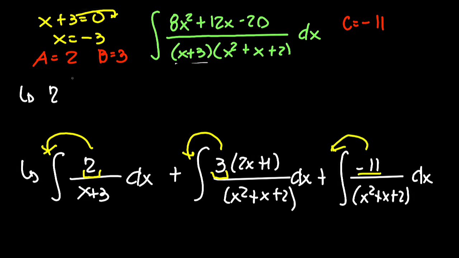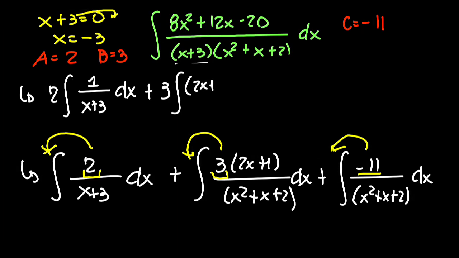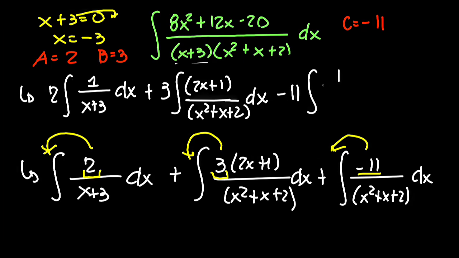This would be 2 integral of 1 over x plus 3 multiplied by dx, plus 3 integral of 2x plus 1 over this. And since this is negative, it would be minus 11 integral of 1 over x squared plus x plus 2.